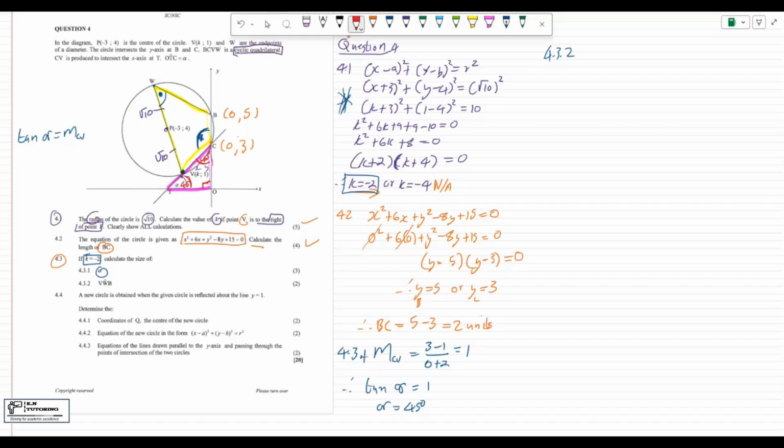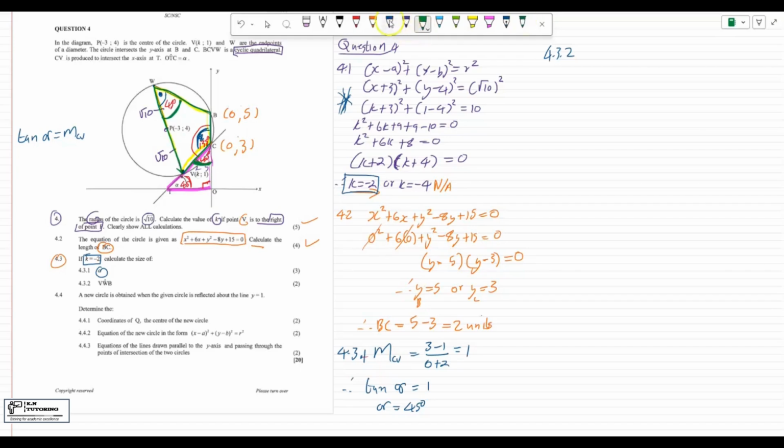Now, if that is 45, I look at this one, it is going to be 135 because these are angles on a straight line. If that is 135, then this one is going to be 45. Alternatively, I could have said, now that I found that this is 45 degrees, this angle is the exterior angle of a cyclic quad, which is equal to the interior opposite angle. So that angle will also be equal to that.